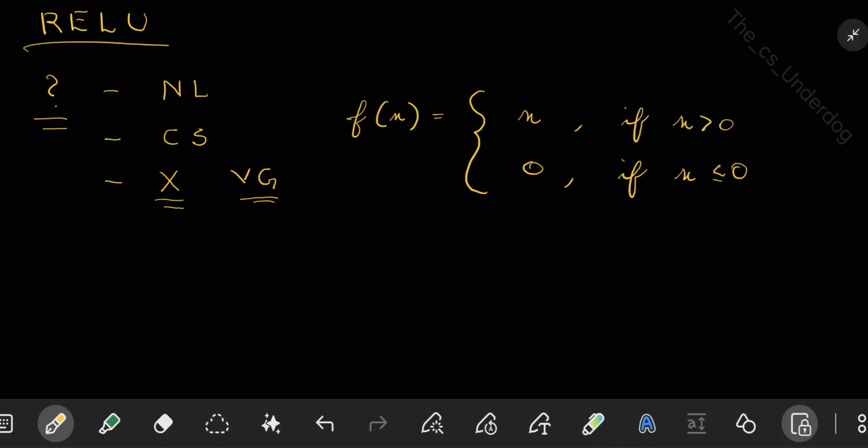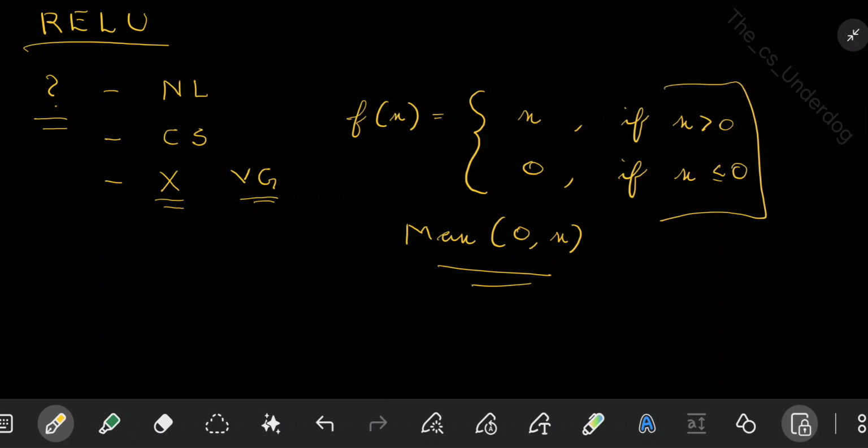Another way of writing the same thing is, you can write max(0, x). Right? 0 and x, whichever is larger, that is what you will take. Either you can express it like this or like this. Both are one and the same. So at this point, you would be very clear why it is computationally simple.